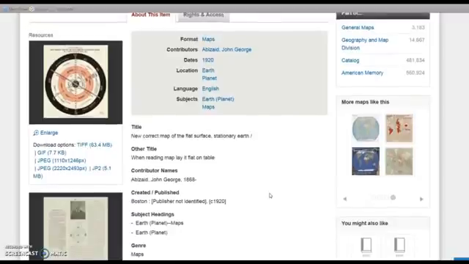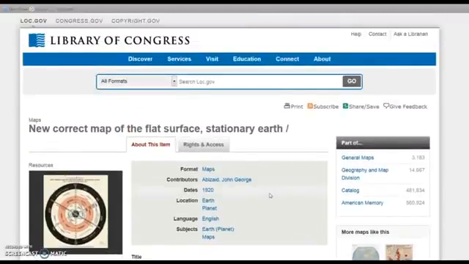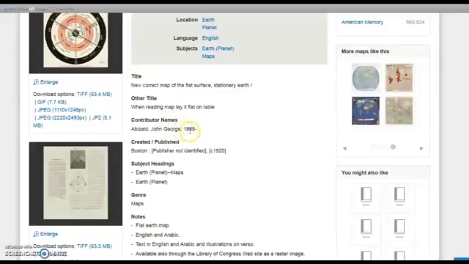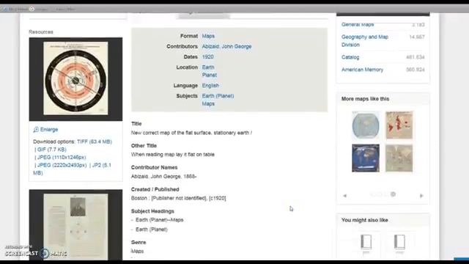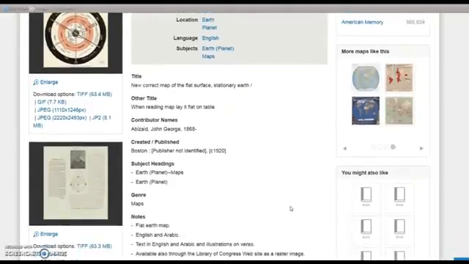You can check this out right there on the Library of Congress. Here's some information. It says he was born in 1868. I didn't see that before. He was 52 when he made this map. I really was not expecting to see something like this in the Library of Congress.